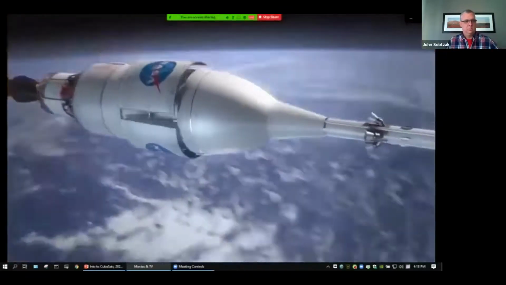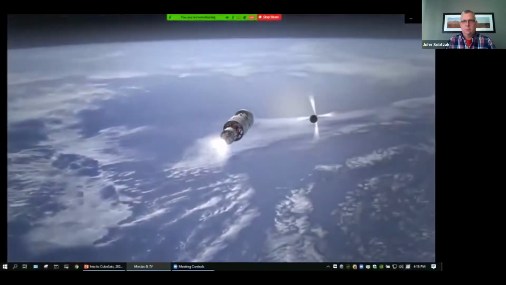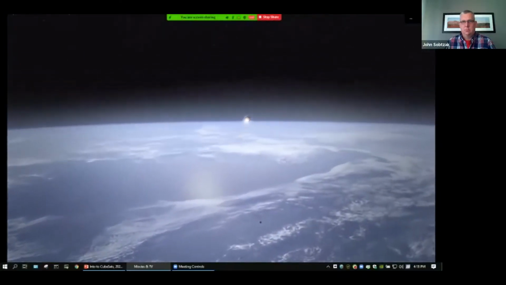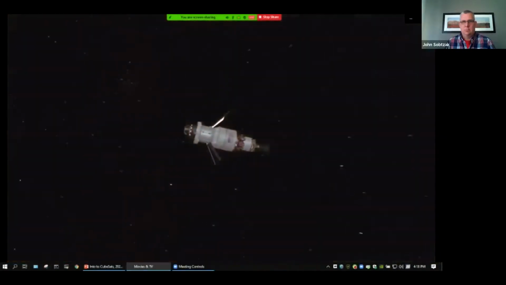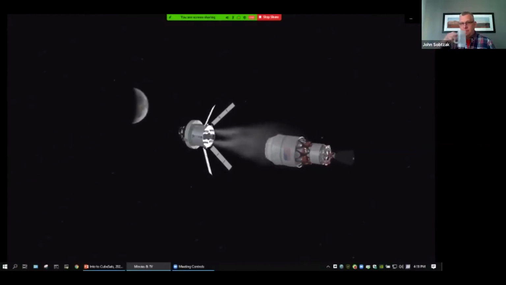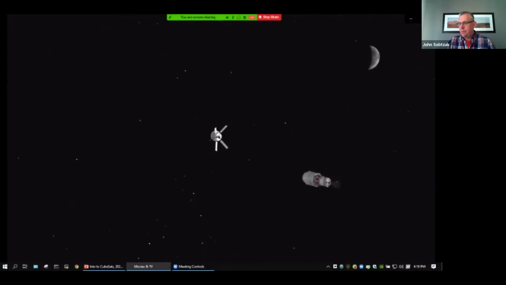Once in orbit, the SLS upper stage, called the Interim Cryogenic Propulsion Stage, fires its engine to propel Orion toward the Moon. SLS will send Orion farther out beyond the Moon than the Apollo astronauts traveled, where it can test communication, navigation, and other deep space exploration systems.